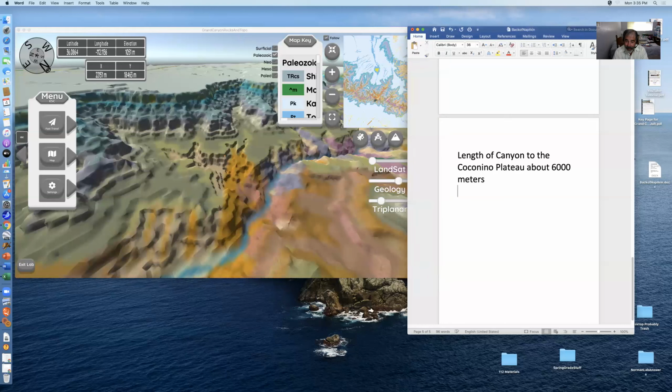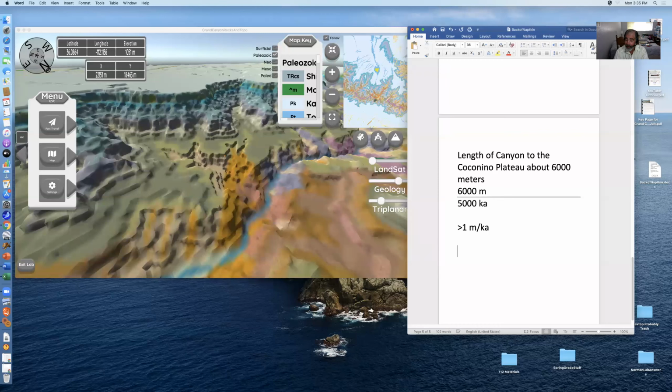So 6,000 meters divided by 5 million years, which is the same as 5,000 millennia, or Ka. That's really close to 1. That's just a little bit more than 1 meter per 1,000 years of widening.